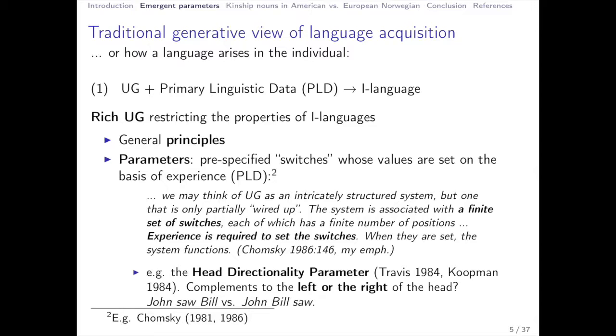There's this switchboard metaphor that's been quite common at this stage, which is basically that we can think of parameters as pre-specified switches whose values are set on the basis of experience. And these pre-specified switches enable children to acquire language very quickly and very easily, despite the fact that the input that they get is actually quite limited.